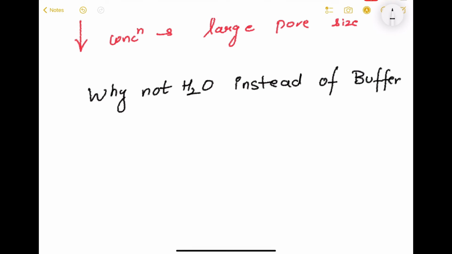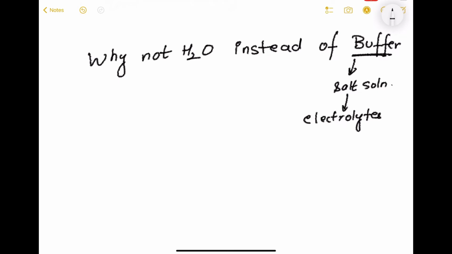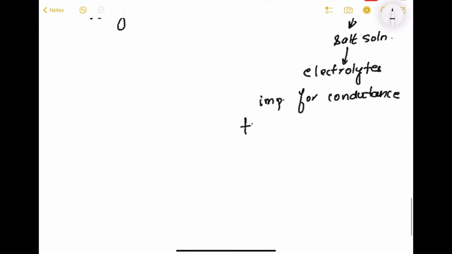The simple answer is that buffer is a salt solution, and the salt solution contains electrolytes, which are important for conductance, for bringing DNA from the negative to the positive end.